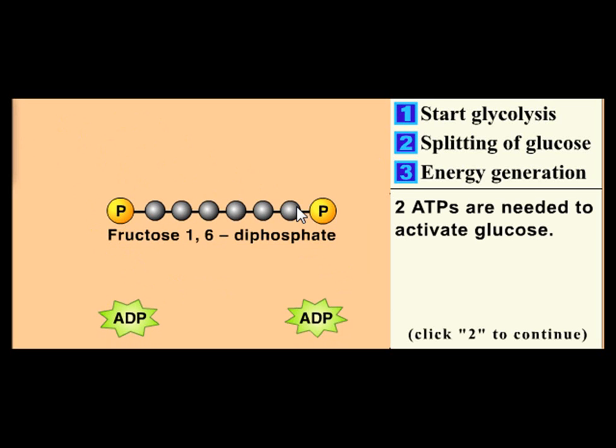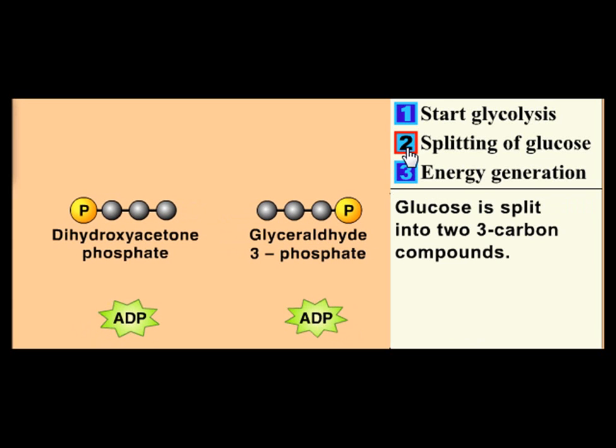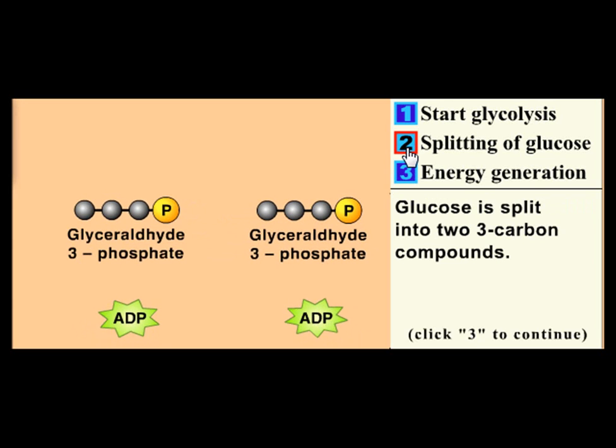The first one went on the number 6 carbon. The second one came on the number 1 carbon. We now have fructose 1,6-diphosphate. We invested 2 ATP molecules. Now we are capable of splitting the glucose molecule in half to form dihydroxyacetone and glyceraldehyde 3-phosphate.